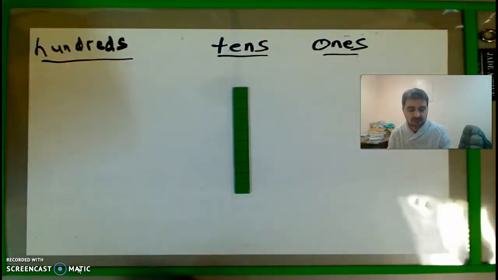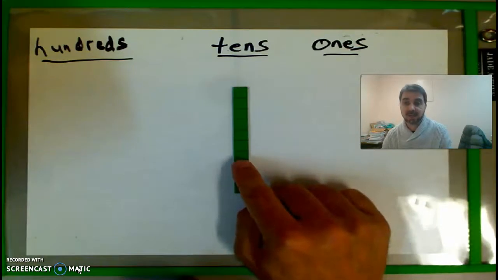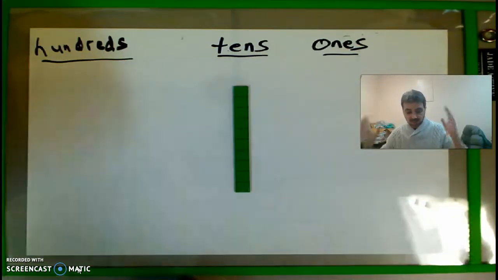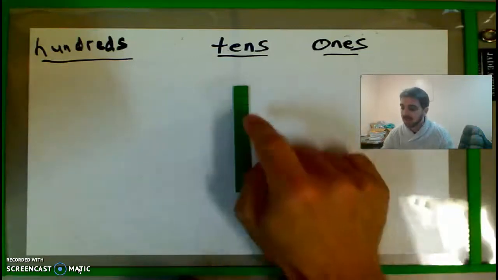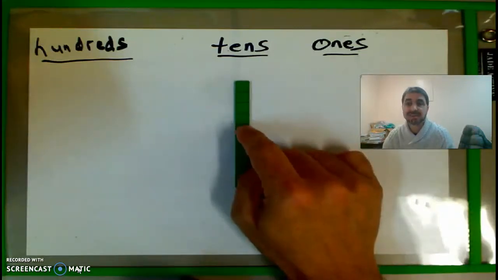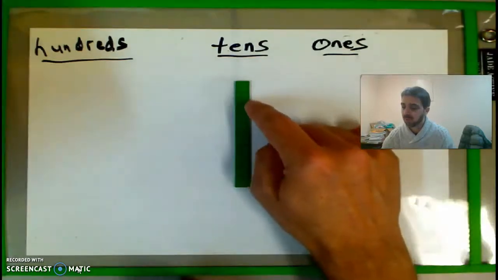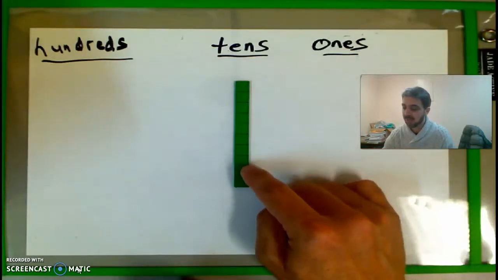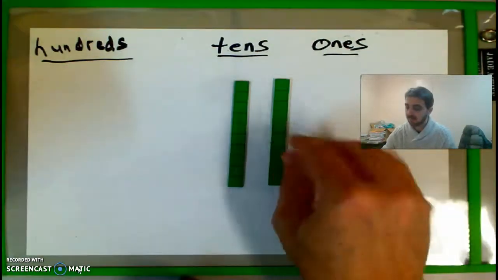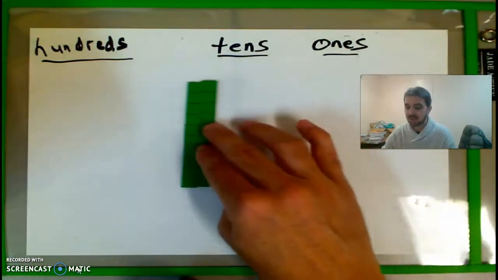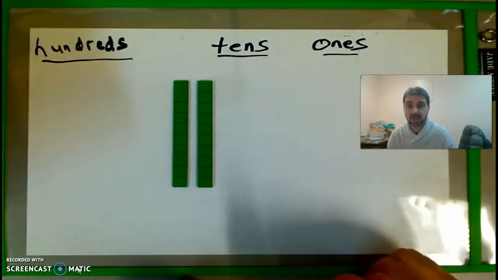Again, it could represent 10 people, 10 cars, 10 snakes, 10 anything, right? But we're going to call this a 10. So there's 1, 2, 3, 4, 5, 6, 7, 8, 9, 10. If I add another 10, we have 2 tens, or we have 20.